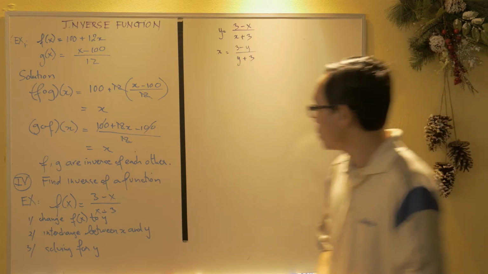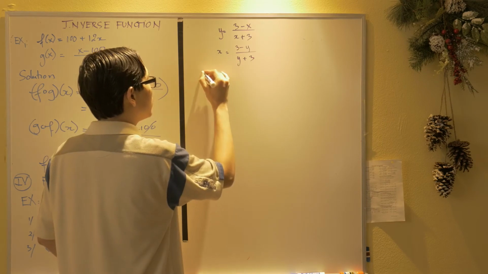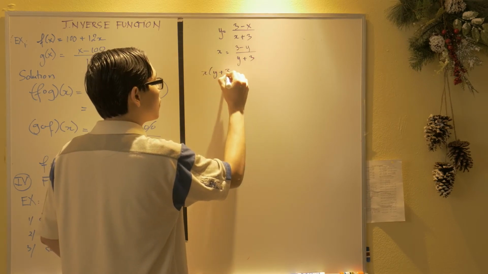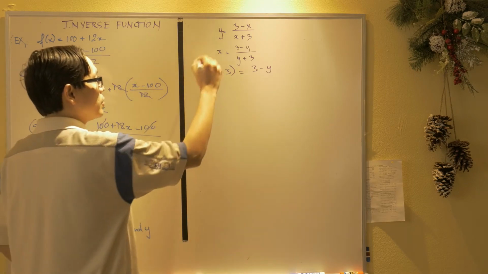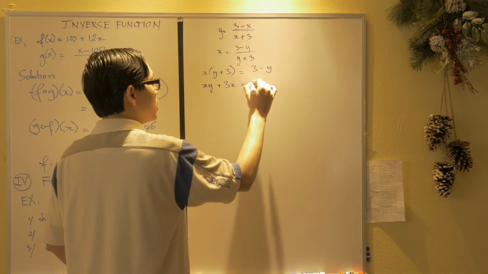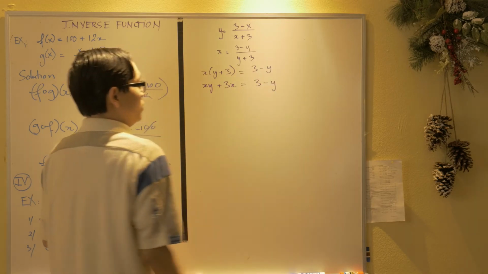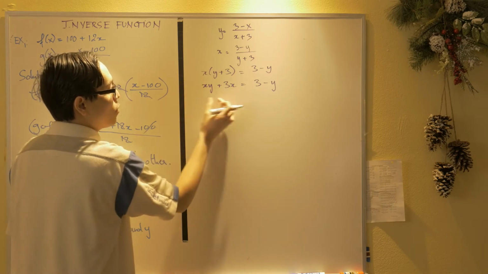So what you have to do is multiply both sides by y plus 3. Then you FOIL it. You have xy plus 3x equal to 3 minus y. Then you see that we have two terms with y, right?